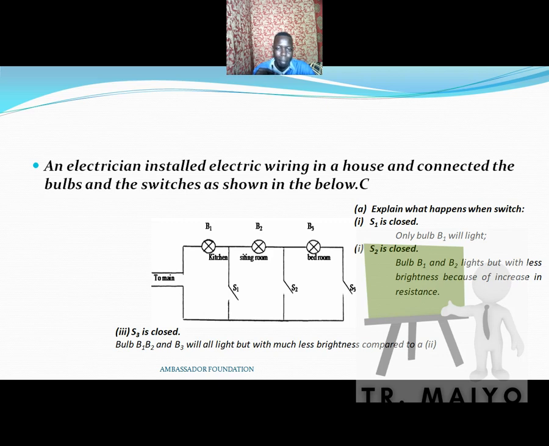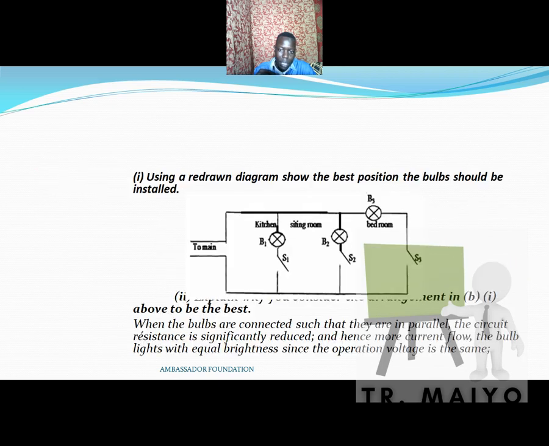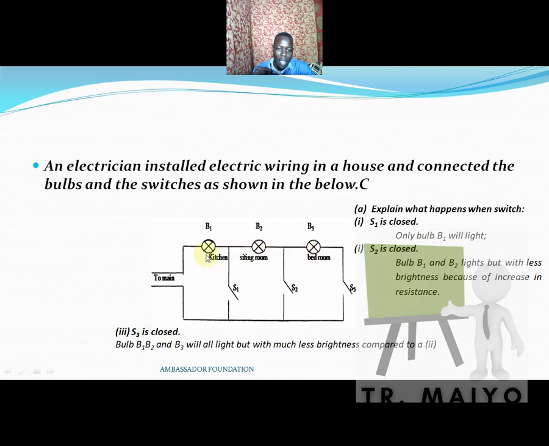You hear me? There's something here. We have the kitchen, the sitting room, and the bedroom. So here the bulbs were in series, which is against what we know.